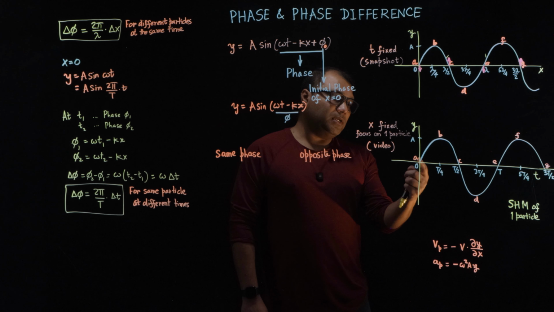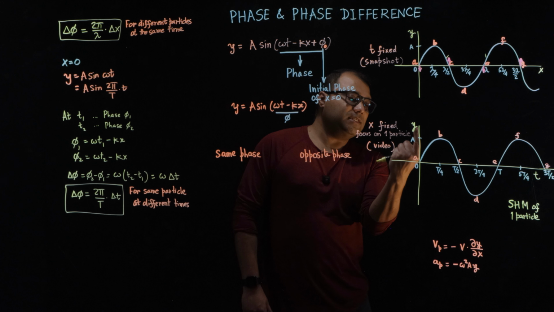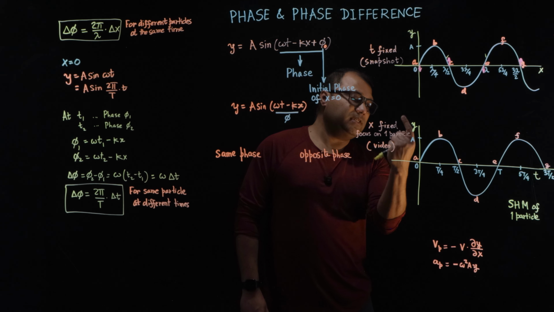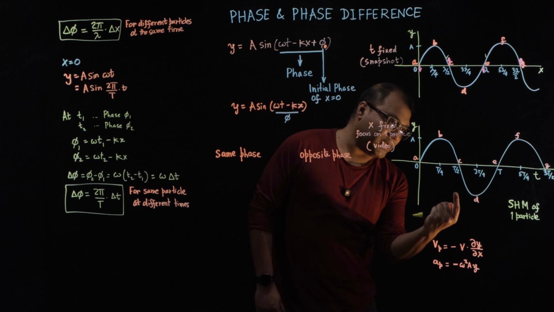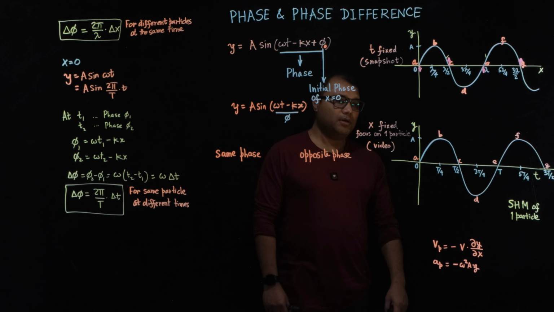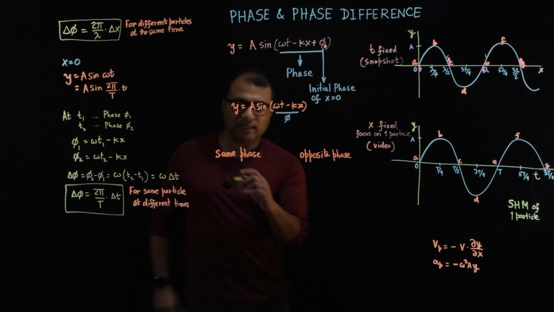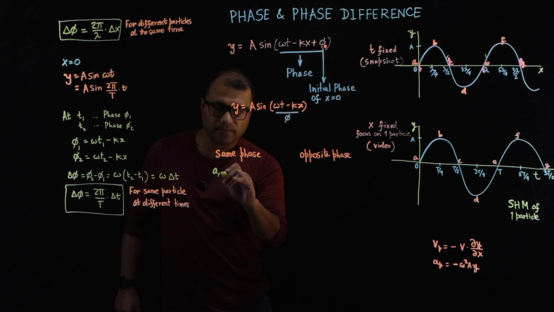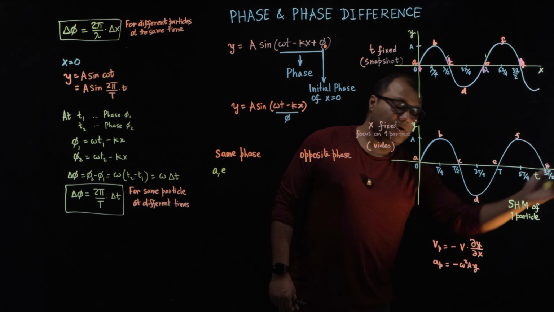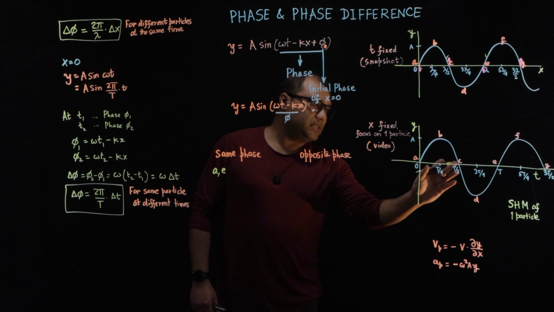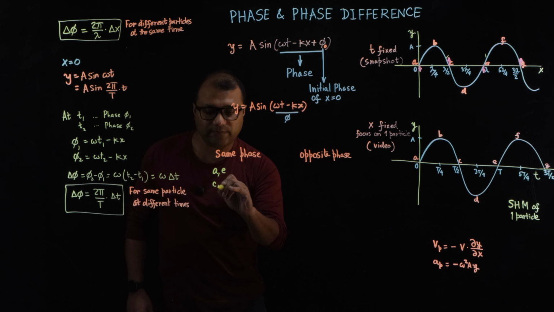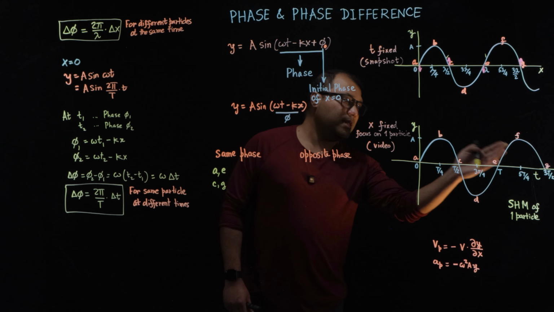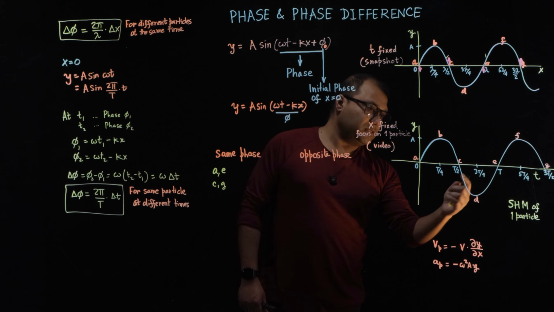Here the velocity is maximum towards the positive direction. Here the velocity is maximum towards the negative direction. So same phase, we will say A, E, will be in same phase. Similarly, C and G will be in same phase.